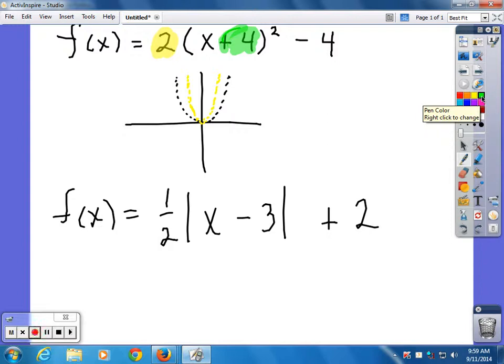So that means we're going to take the yellow parabola and move it to the left. It's always the reverse, so 1, 2, 3, 4. Look at your notes from the other day. There's our graph.